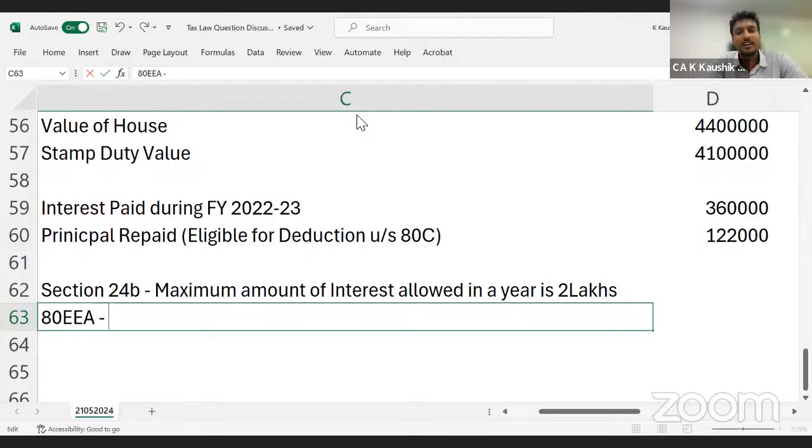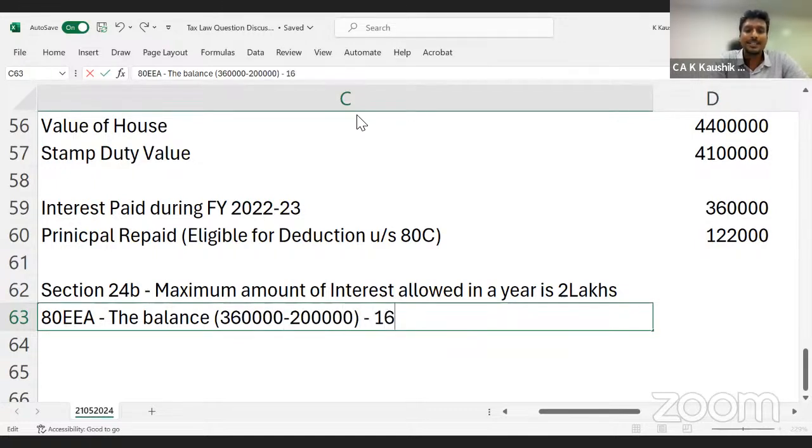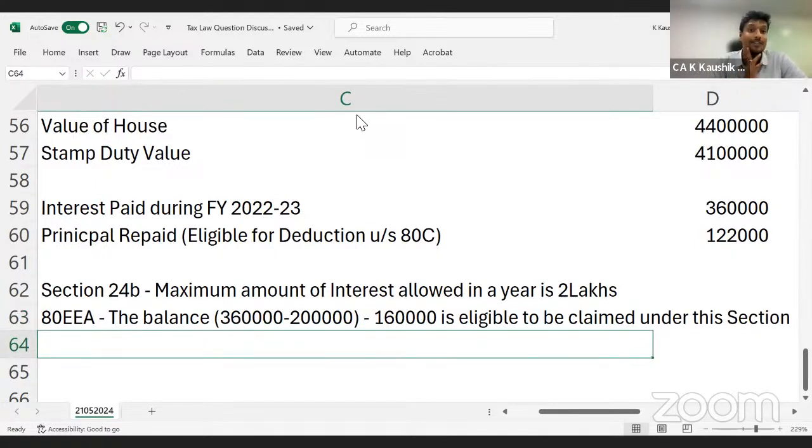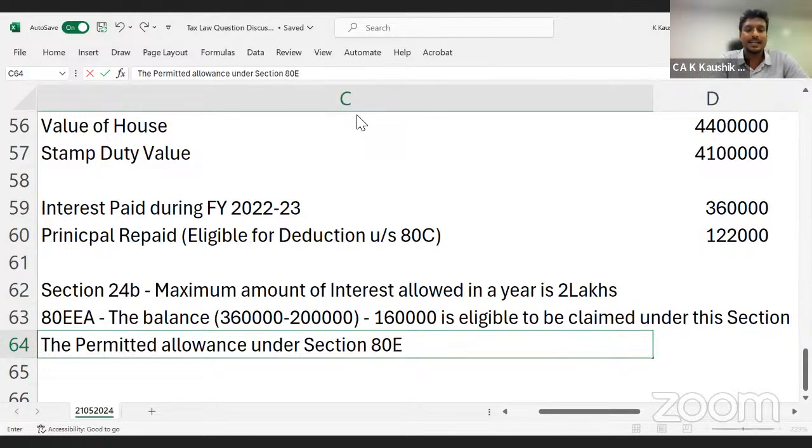So since we assume that 24B 2 lakhs is claimed, the balance, that is 3,60,000 minus 2 lakhs, 1,60,000, is eligible to be claimed under this section. However, this section has an overall limit of 1,50,000. Hence, the permitted allowance under section 80EEA is 1,50,000.